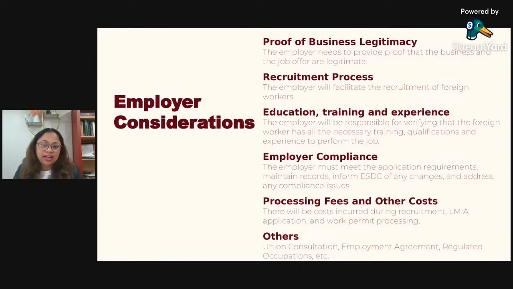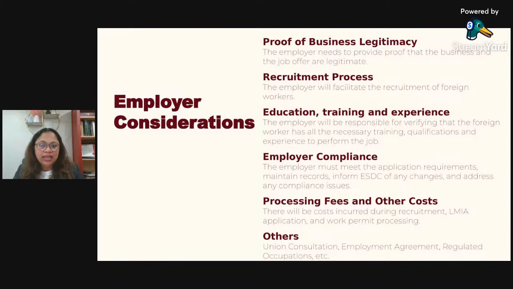Then comes the recruitment process. The employer will then facilitate the recruitment of the workers. There is a whole process that is involved, and it's time consuming, that the employer has to adhere to and show genuine efforts of recruitment to hire a Canadian worker.